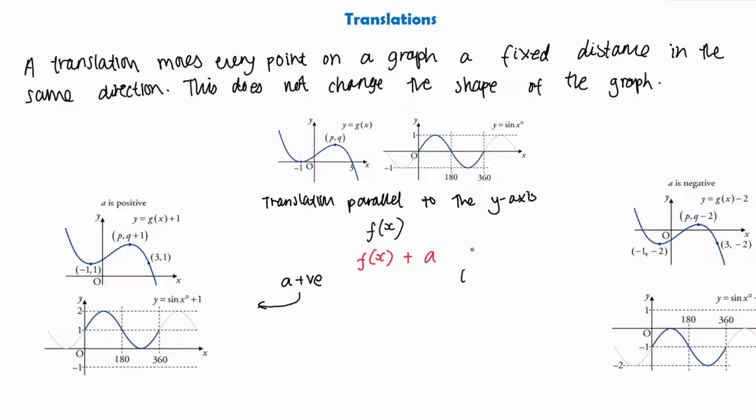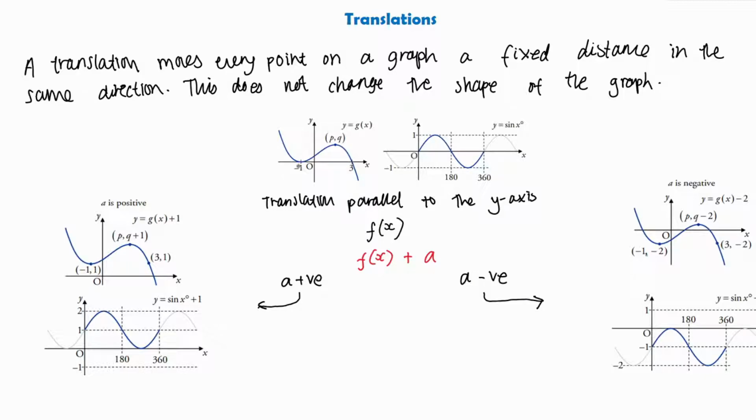Well, if a is going to be negative, as you can see, the graph goes down in the y-axis by whatever the distance, well, the distance is going to be whatever this a value is. So as you can see, everything here has been shifted down by 2.